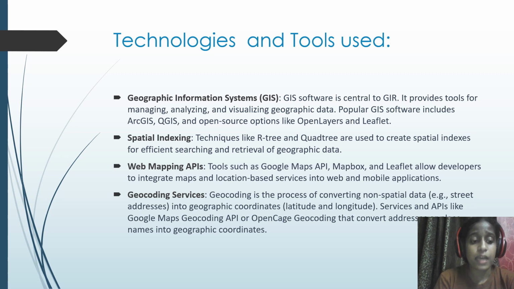GIR can also be used with the help of cloud services, for example, Amazon, Microsoft Azure, Google Cloud. They often offer scalable and cost-effective solutions for storing, managing, and analyzing geographical data. This is also a predominant solution for efficient use of GIR system.